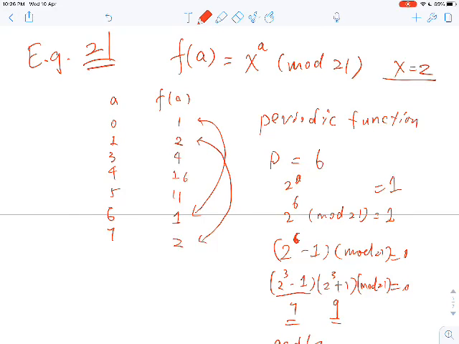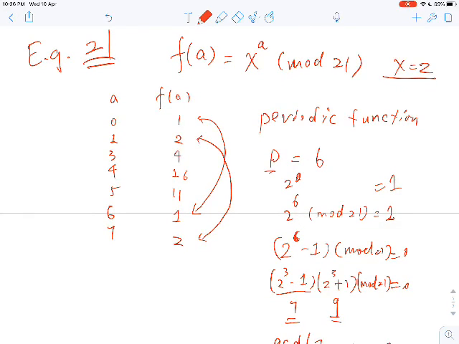But what if this period is an odd number? Then we can't decompose this part here like this. So we need to try another time, use another x to again solve the problem. And after we try, sometimes we get what we want.